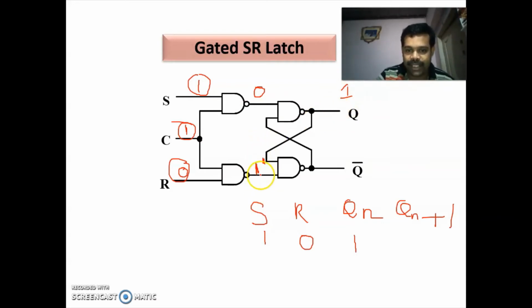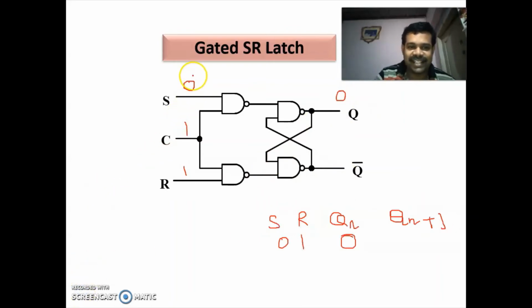If both the inputs are 1, the output is 0. So if Q bar is 0, Q is 1. So when S is equal to 1, R is equal to 0, and Qn is 1, Q of n plus 1 is 1. Okay. So whenever you are considering this feedback, you have to consider the ones.